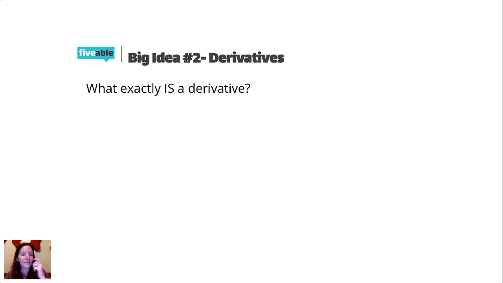Now I don't want an average rate of change anymore. I want an instantaneous rate of change. I want to know what the slope is at a single point. That's what the derivative is. We do all kinds of things with derivatives, but it always comes back to: can I find the slope of that curve at that point, or the slope of the tangent line at that point?